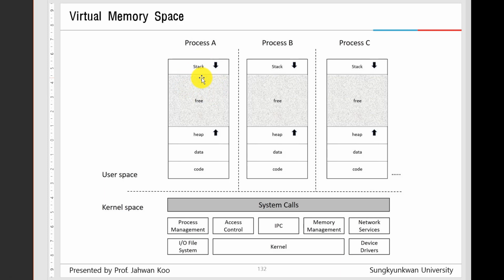I'm describing this picture once again because this picture seems to be a little bit complicated. This picture shows the structure of virtual memory space. When the system boots, the kernel is loaded into the kernel space.